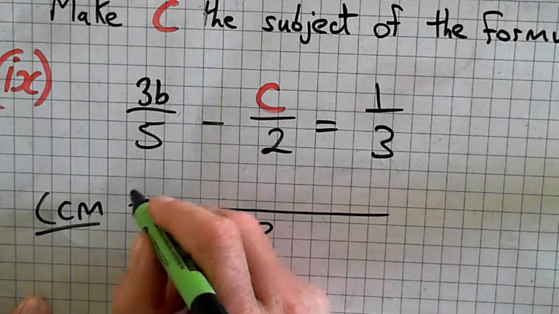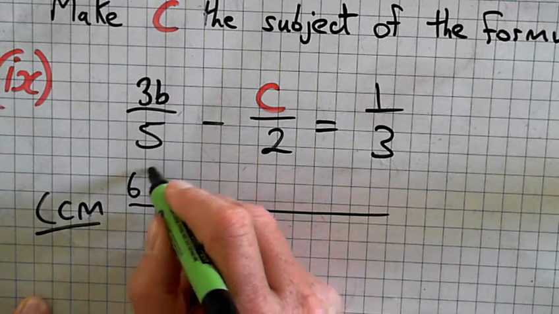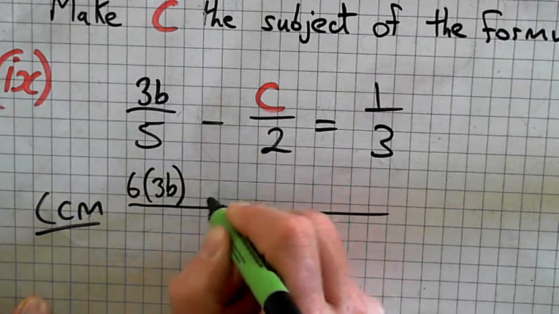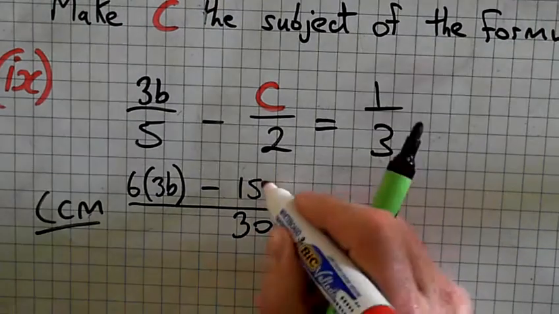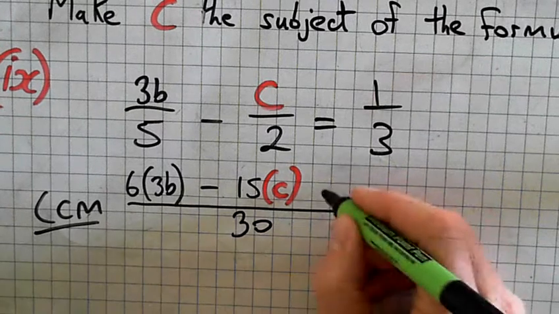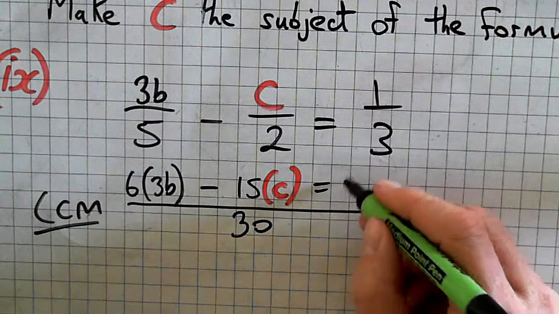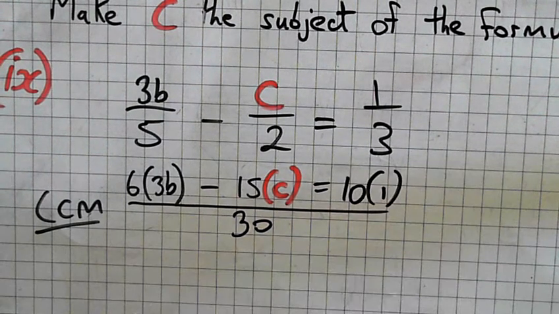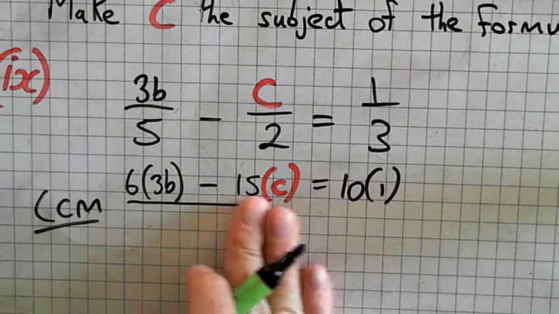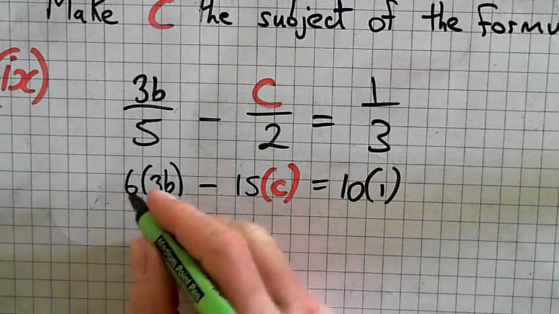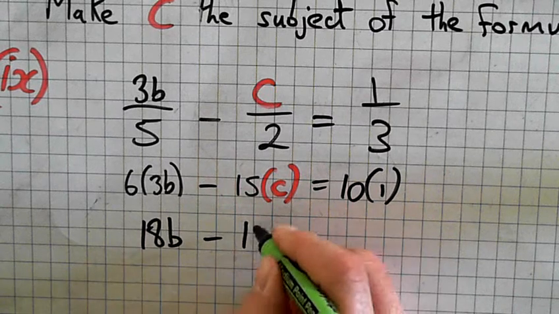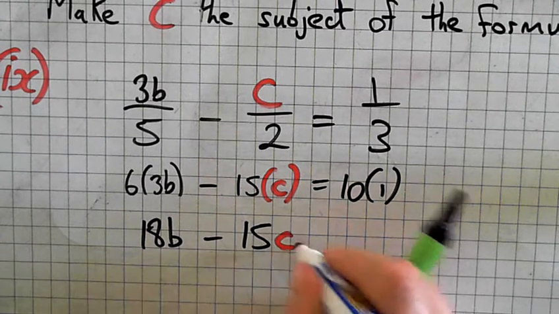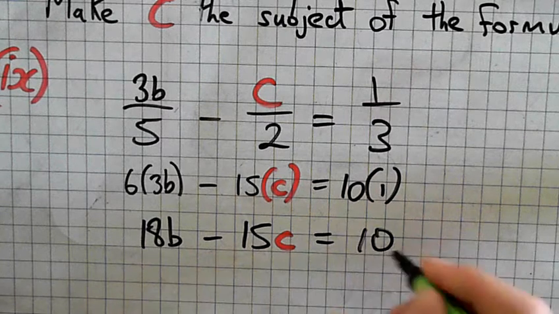So 5 into 30 goes 6 times 3b. Bring down the minus. 2 into 30 goes 15 times c. It's equal to 3 into 30 goes 10 times 1. Forget about the LCM now. 6 times 3, 18b, minus 15c, equals 10.